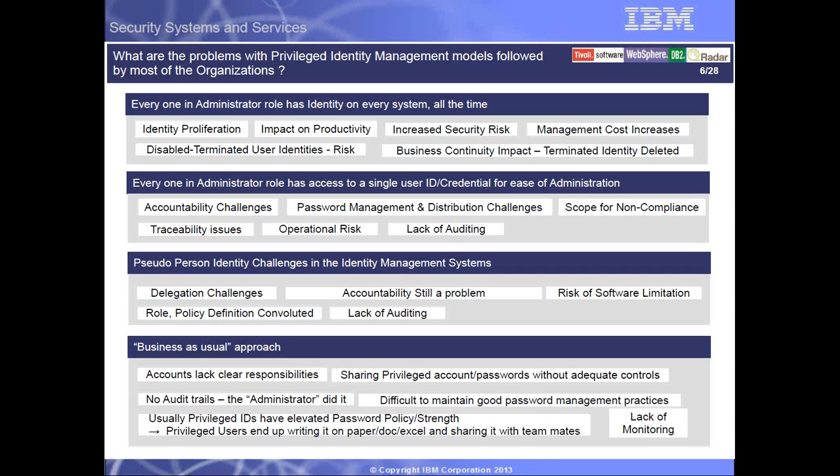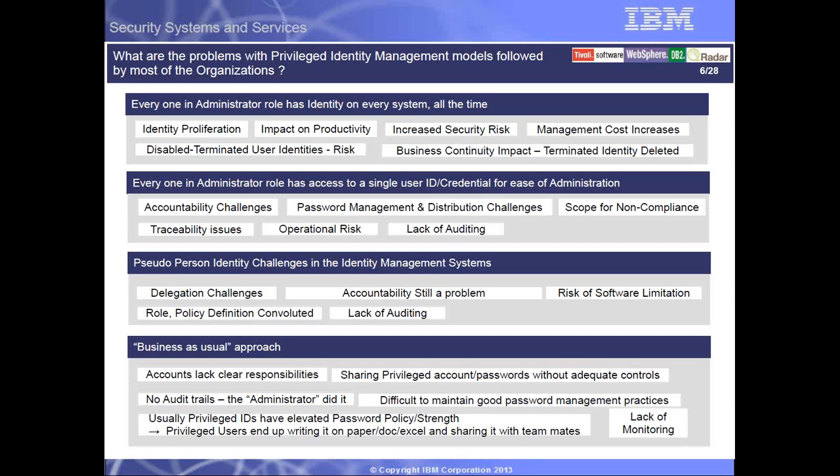So that's the issue. Next is password management and distribution challenges. Let's say there are 10 administrators having access to one ID. Now, the moment the password is changed, you need to update all of these users with the new password. Now, how are you going to distribute it? Emails or whatever. Again, there is a risk there.